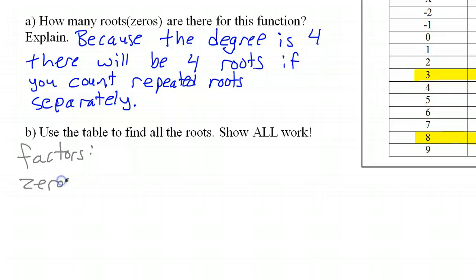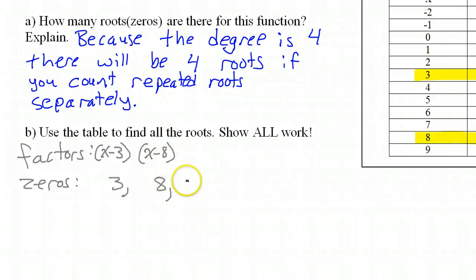They only asked you for the zeros, but I'm just going to do both because on the real test I could ask you for either one or both. So far I have 3 and I have 8. So the 0 of 3 gives me a factor of x minus 3. The 0 of 8 gives me a factor of x minus 8. So there are 2 more zeros I need to find, so let's go.